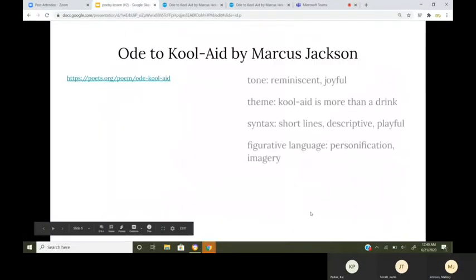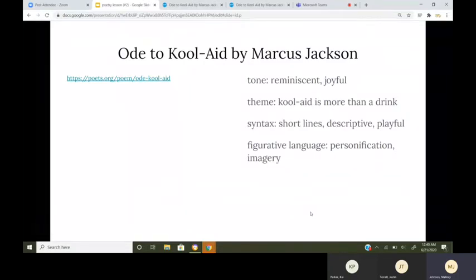Okay, so after reading the poem, I hope you noticed that the author's tone was kind of reminiscent and joyful, and he was kind of recollecting his childhood, and that's how he was talking throughout the poem. And then the theme would be that Kool-Aid is more than a drink, and the author talks about Kool-Aid as an image of his childhood.